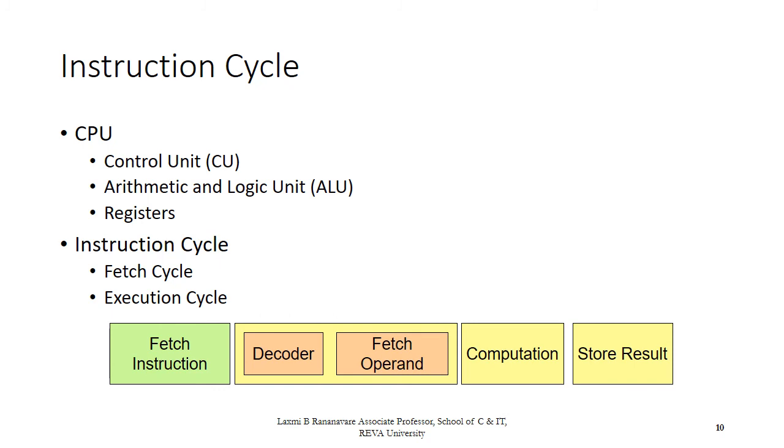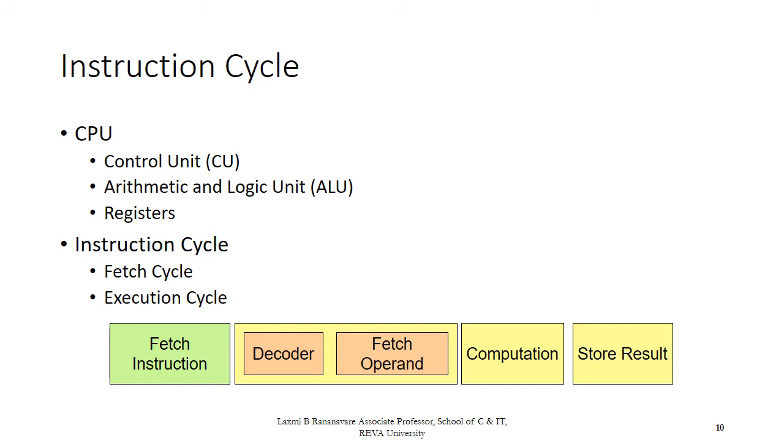What do you mean by running the program? One by one the instructions are fetched from the main memory into the processor, and the processor processes those instructions and gives the result. When a particular line is executed, there are two parts here: what is done by the processor, and what is the instruction cycle.